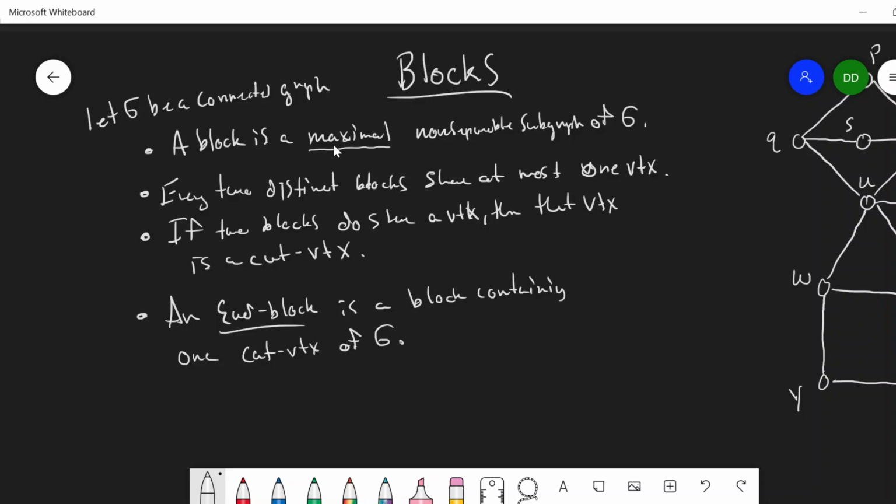Some blocks will have two or more cut vertices in them, but some blocks just have one cut vertex in them, and these are the ones that we call end blocks.